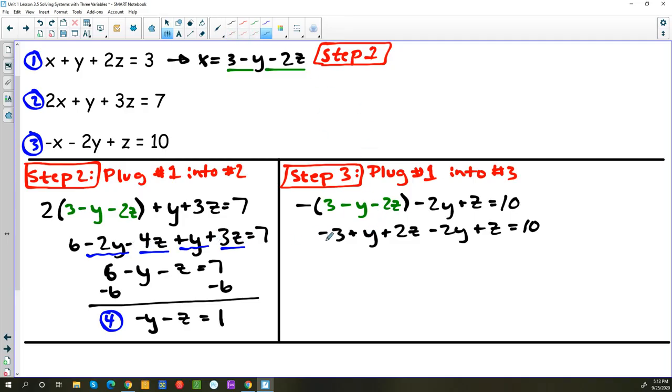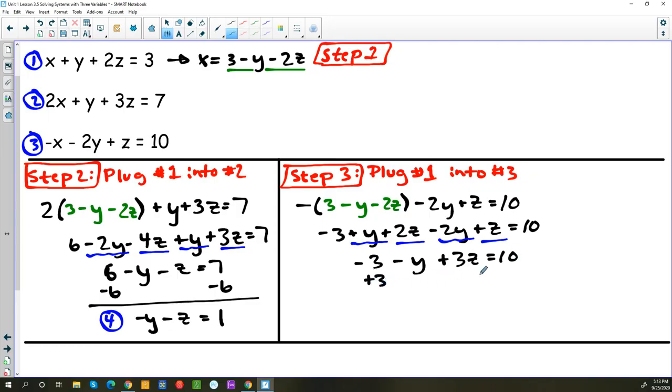So we have a y and a negative 2y and a 2z and a z. So that means that we have negative 3 minus y plus 3z is equal to 10.